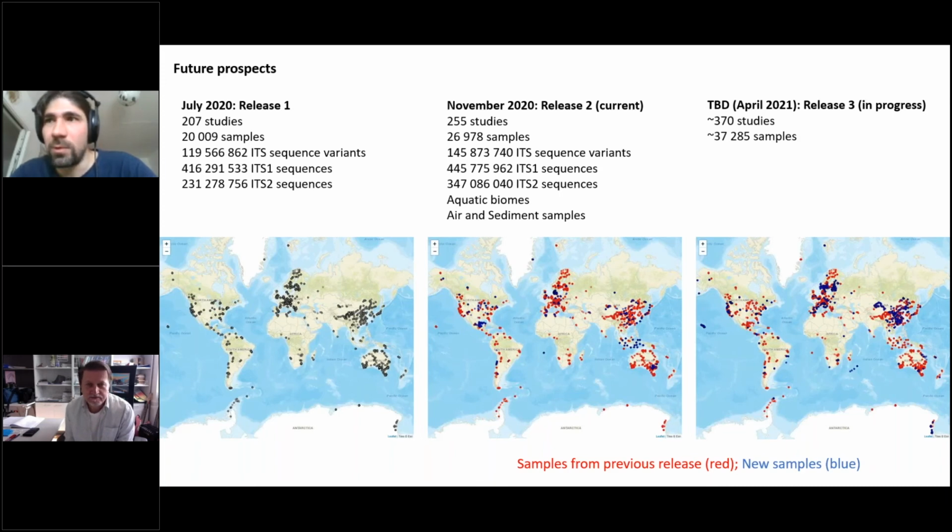I'm not exactly sure what it means, but we have some rules for the studies and for the samples which should be fulfilled to add the sample into our database.